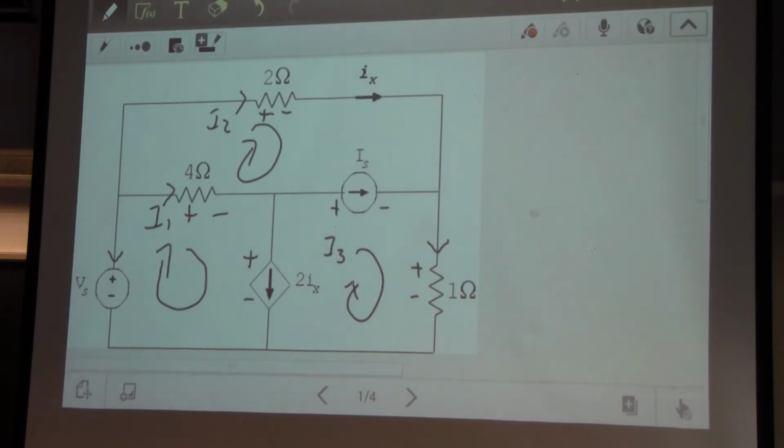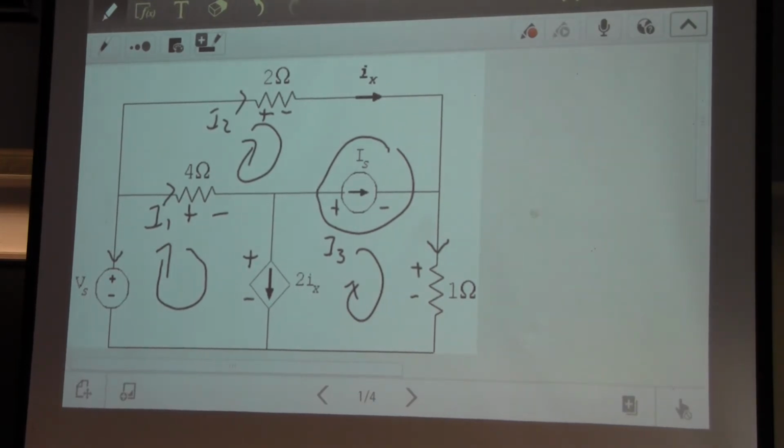When I look at this, what I recommend is starting with the current sources, because they provide the easiest equations. In this case, we have 2 current sources. Starting with the independent current source, you can write an equation based on 2 loop currents.